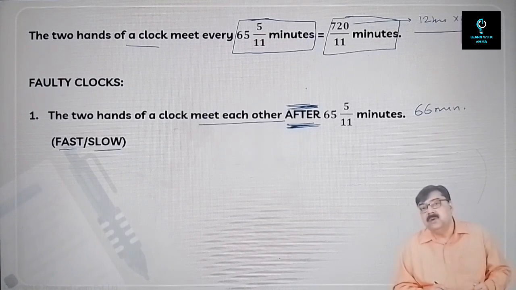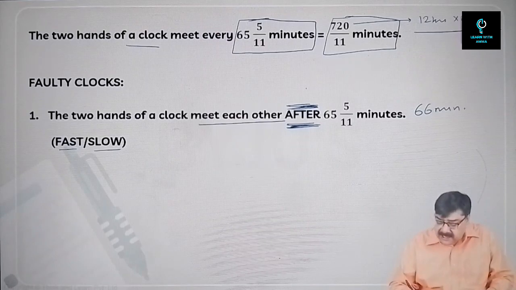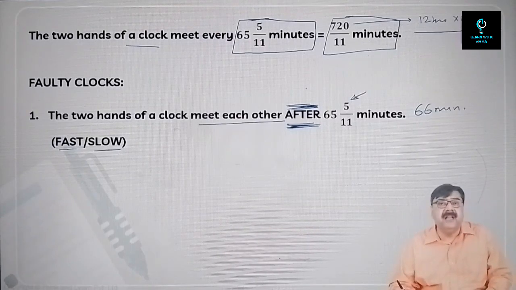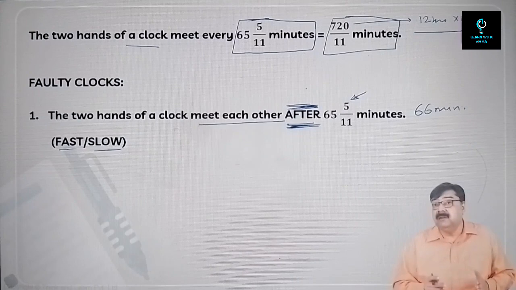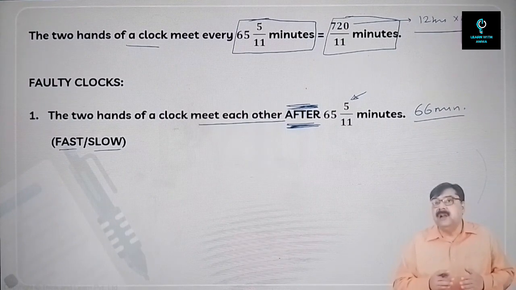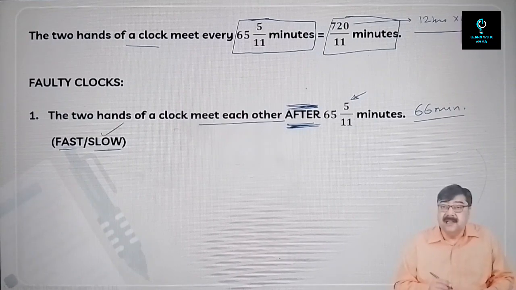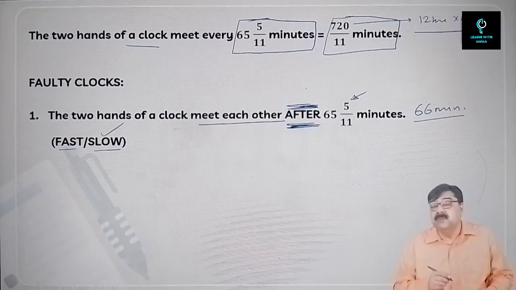Why slow? Well, the two hands of a clock were supposed to meet each other every 65 5/11 minutes. But the two hands took a longer time, 66 minutes, to meet each other. So as they have taken a longer time, that means the clock is moving slowly.